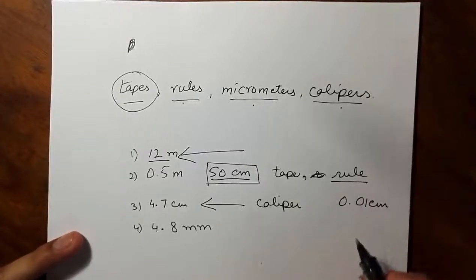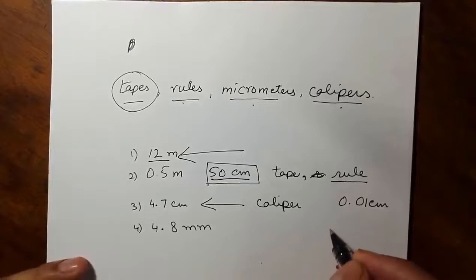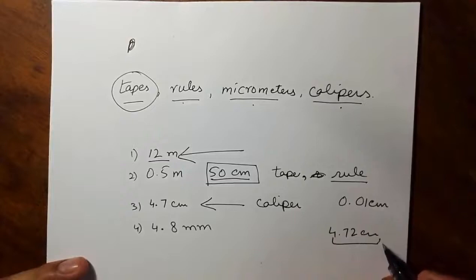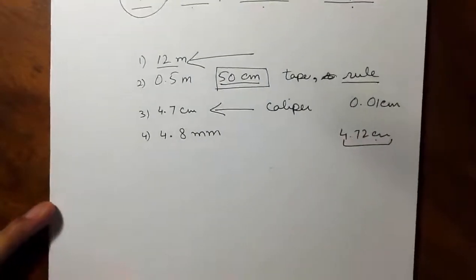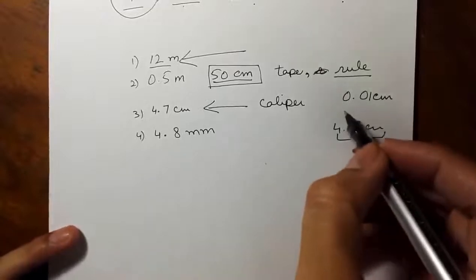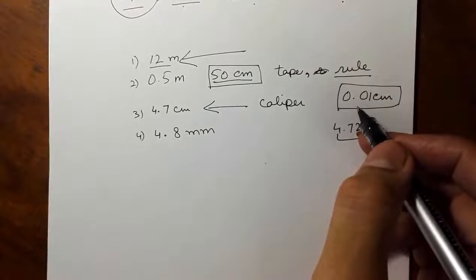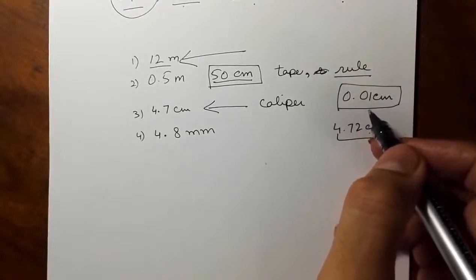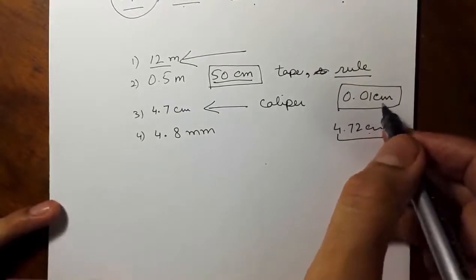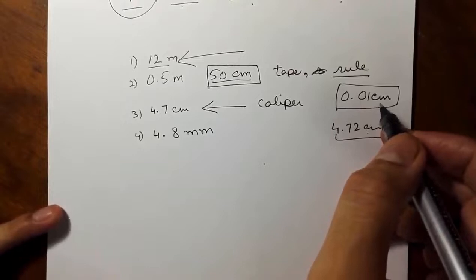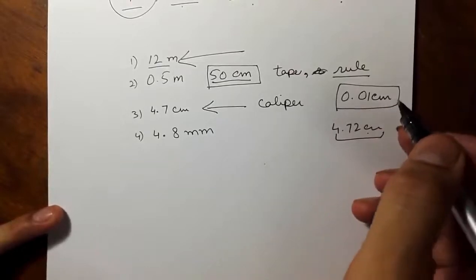So if any object has length, let's suppose 4.72 centimeters, vernier caliper can measure it, but meter rule or measuring tape cannot measure it. So this 0.01 centimeter is the precision of the measuring instrument. So the precision of the vernier caliper is 0.01 centimeter.